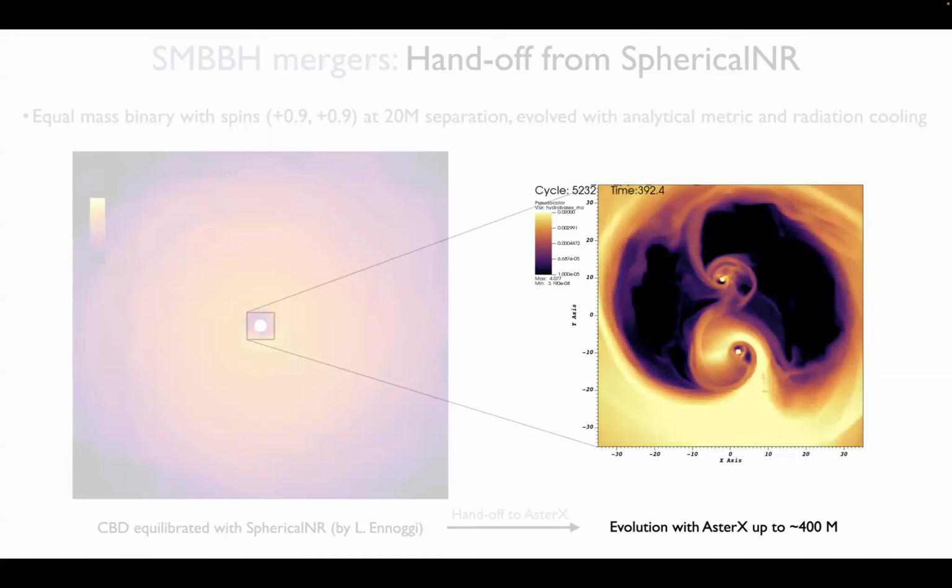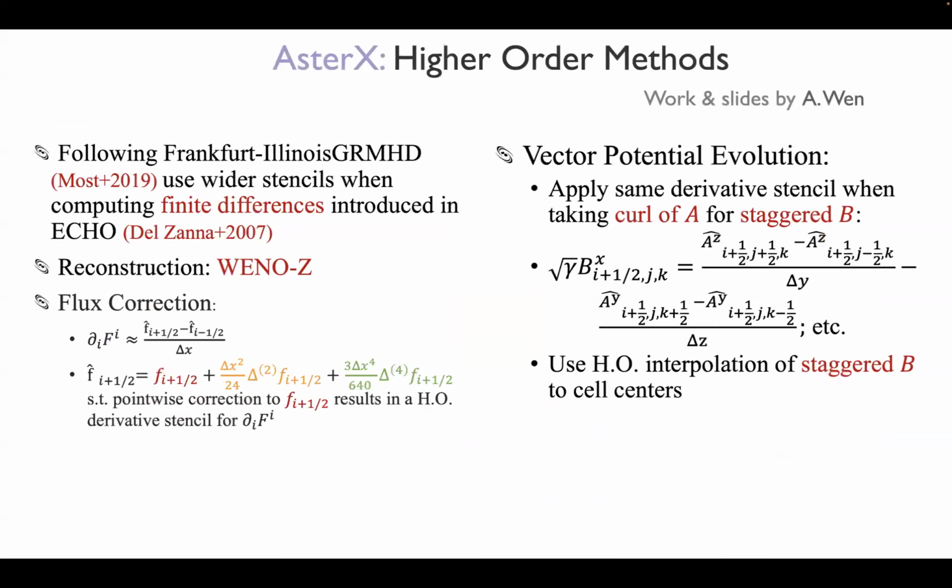Another ongoing development in AsterX is the inclusion of higher order methods. We already had implemented the WENO-Z reconstruction that I mentioned earlier. This reconstruction can go up to fifth order accuracy, but you also need to add flux corrections in order for the whole high resolution shock capturing method to be fully higher order.